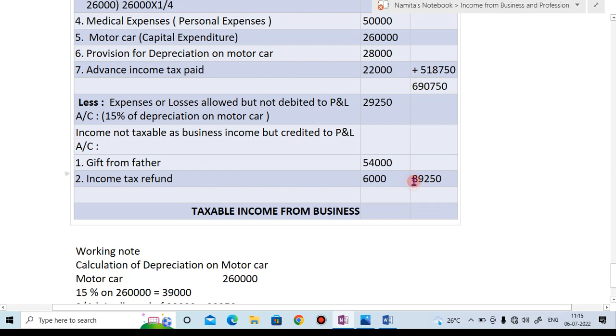From this total, 6,90,750, we have to deduct 89,250. So we get taxable income from business, the answer is 6,01,500. So 6,90,750 minus 89,250 gives 6,01,500. So this is the taxable income from business.